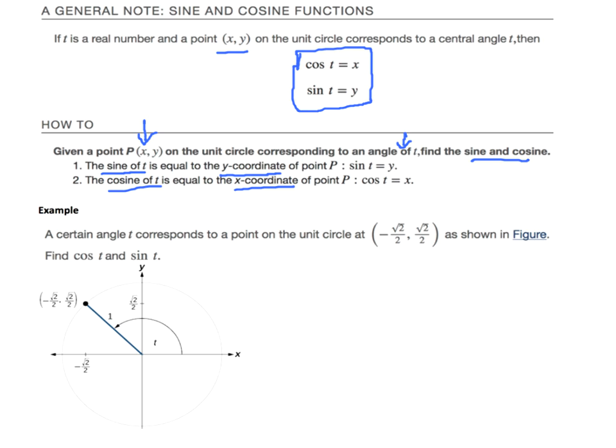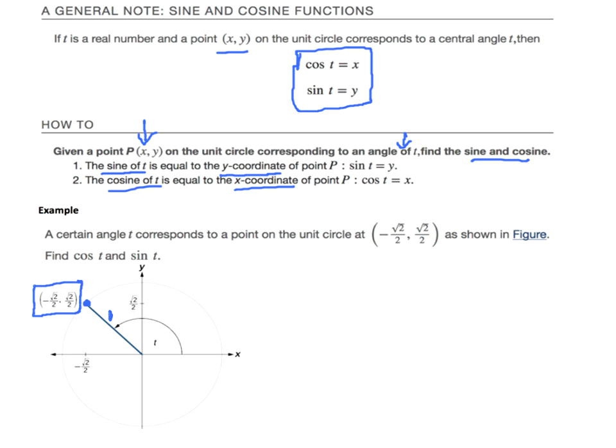So if I have this point here on my unit circle, and I'm told it's a unit circle, there's a 1 right there on the radius, and I'm told that that point lives at negative square root 2 over 2, positive square root 2 over 2.